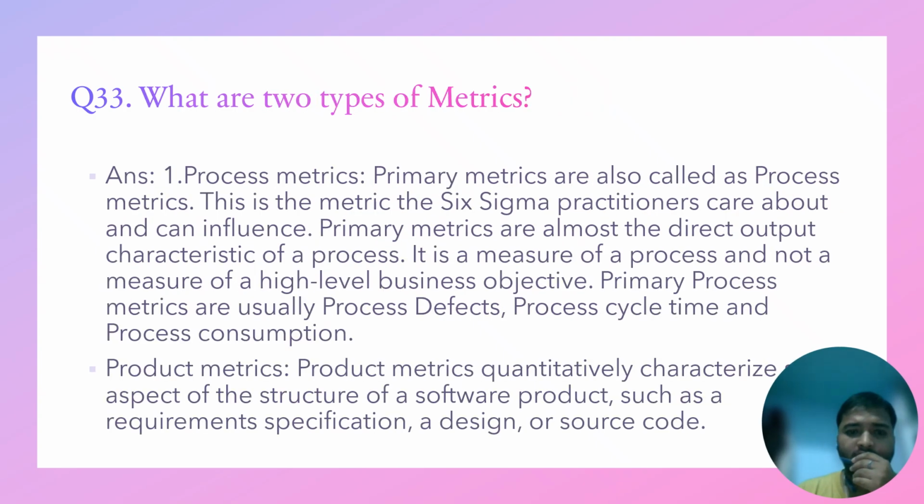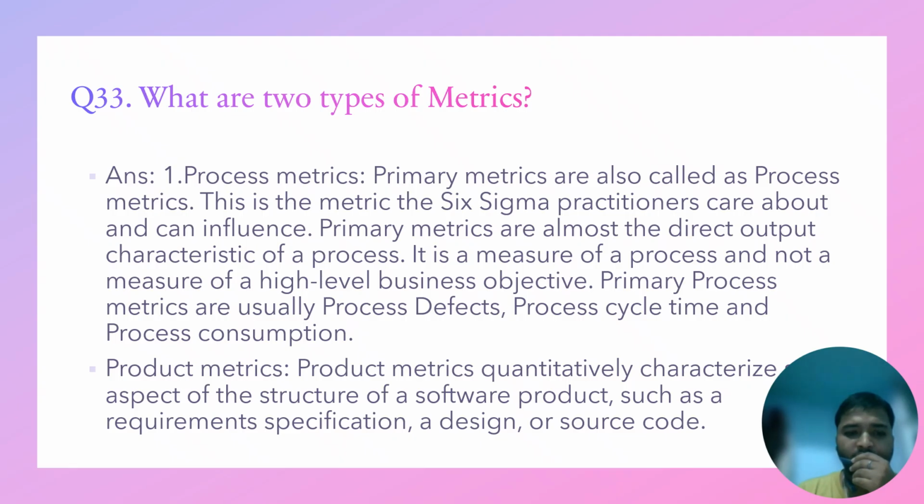What are two types of metrics? Process metrics. Primary metrics are also called process metrics. These are metrics the Six Sigma practitioner cares about and can influence. Primary metrics are the most direct output characteristic of the process. It is a measure of the process and not a measure of a high level business objective.